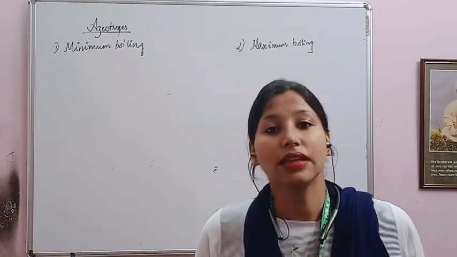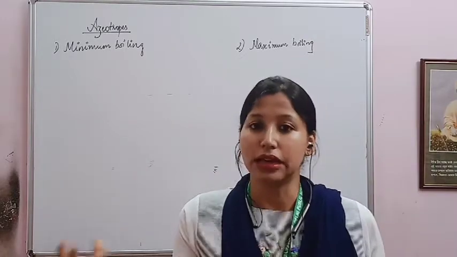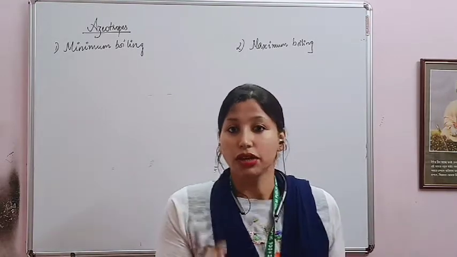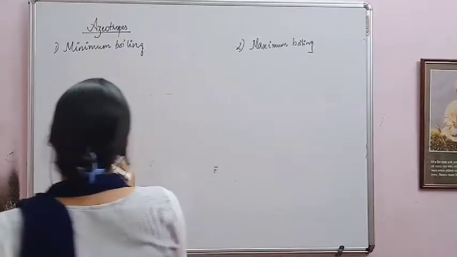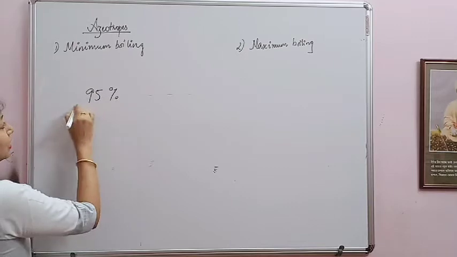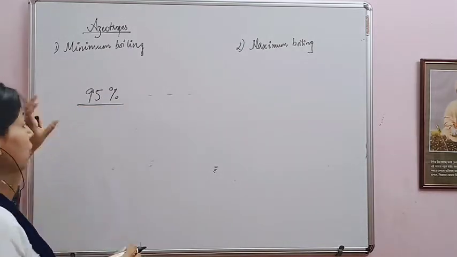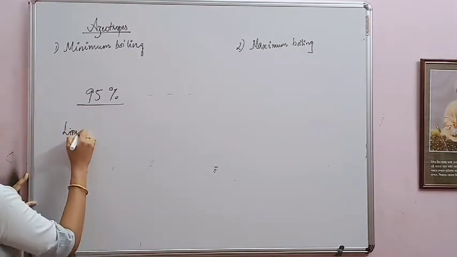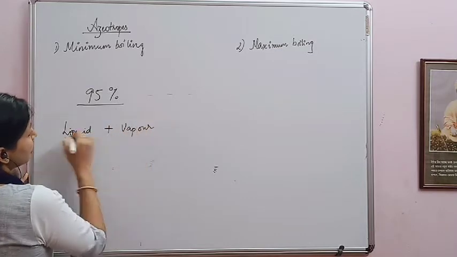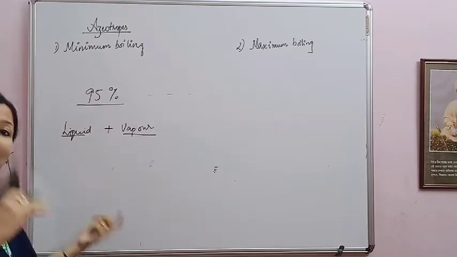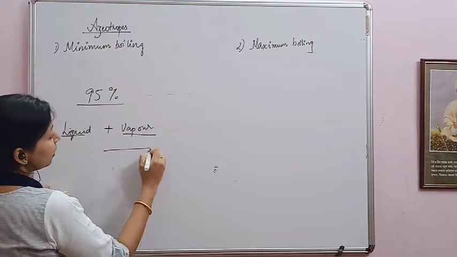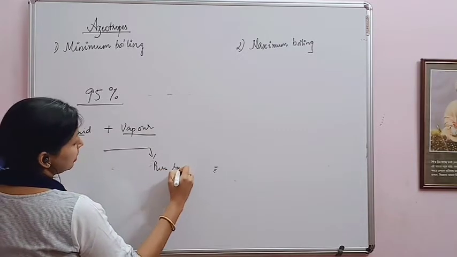When you distill that solution, when the concentration of ethanol in that mixture is around 95%, the composition of the liquid phase and the vapor phase becomes the same, and it will distill off as if it is a pure liquid.